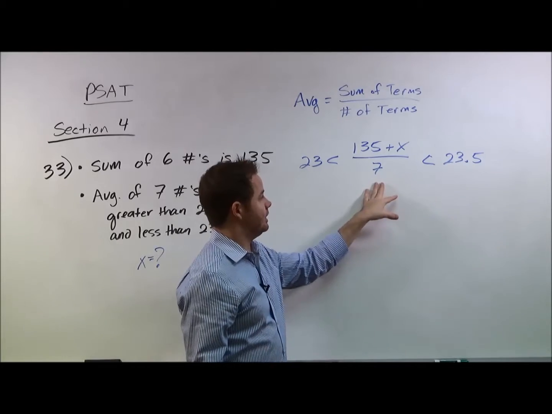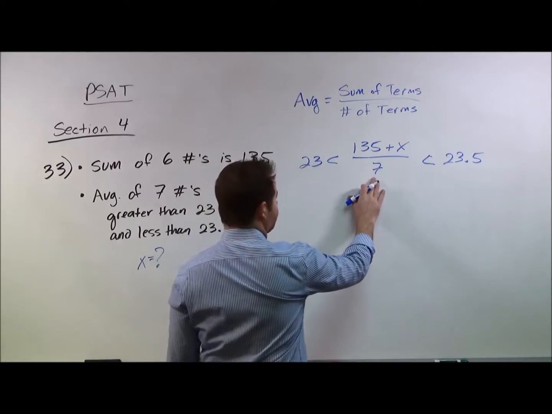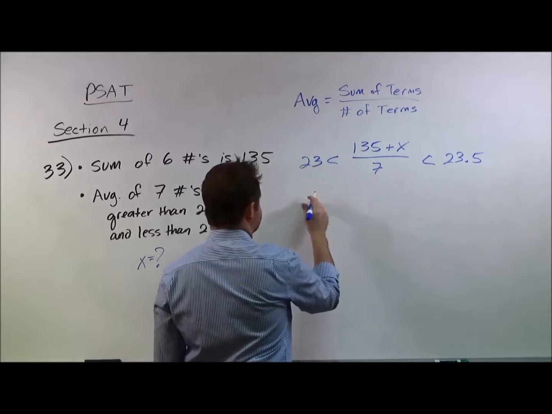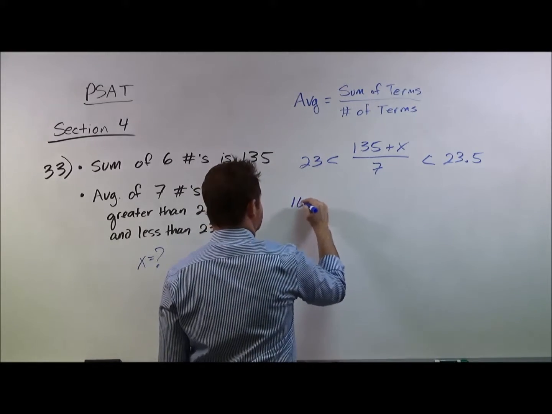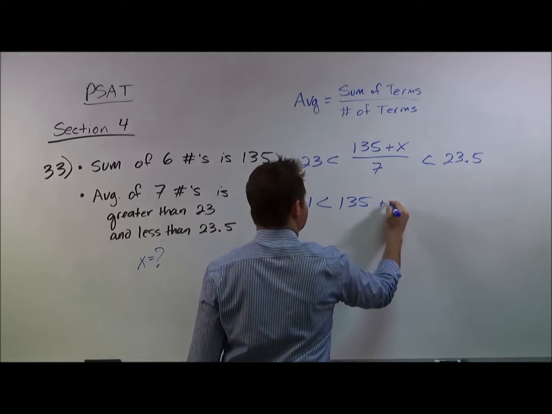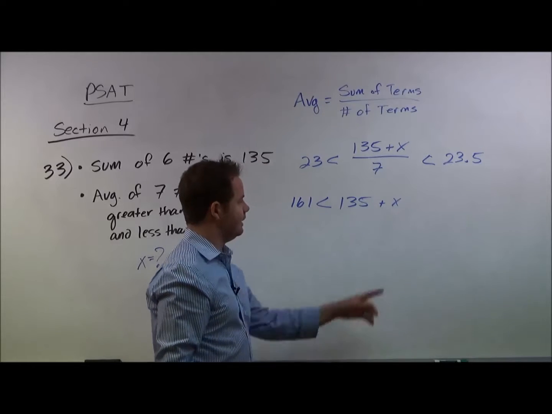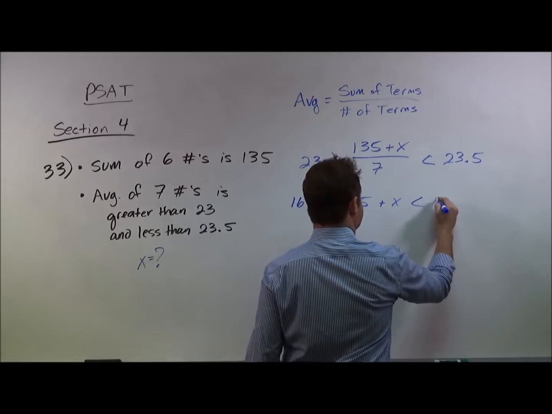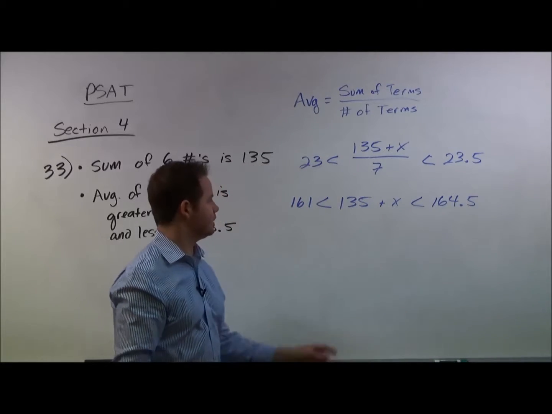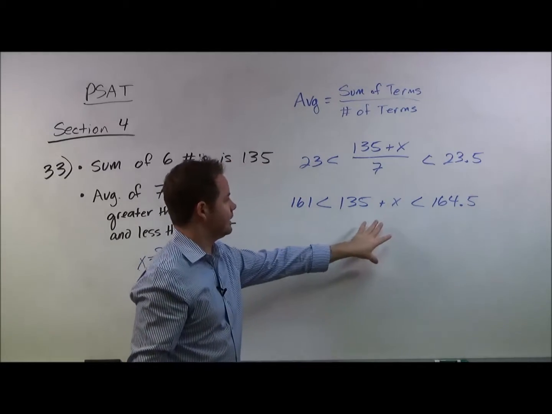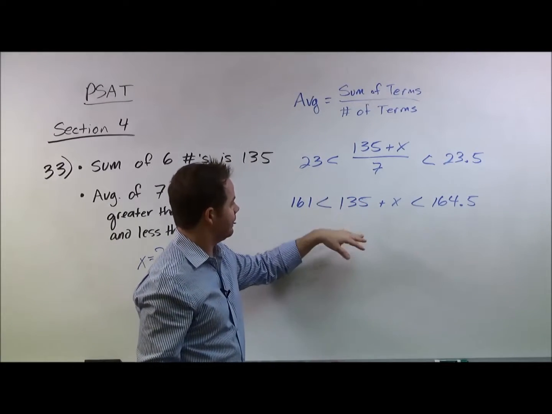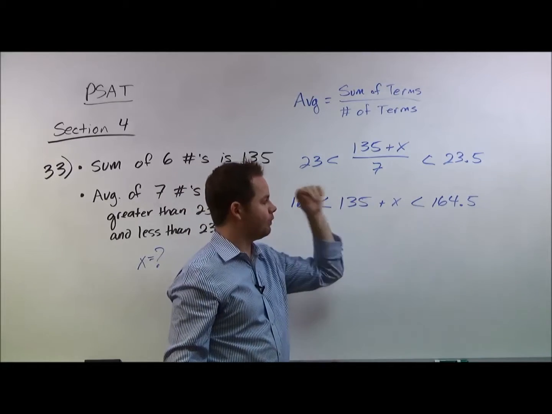Now, to solve this inequality, we can multiply 7 times 23 and 7 times 23.5. So 7 times 23 is going to give us 161, which will be less than 135 plus x. And then 7 times 23.5 will be 164.5, I believe. I'm doing a little mental math here, so you should double check that with your calculators, but I think 7 times 23.5 comes out to 164.5.